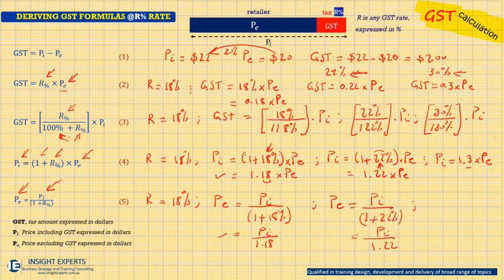In other words, it's not really reflected in it. So it stays exactly the same and doesn't change at all. Now, in terms of formula number 2, it states that the GST amount is equal to 15% of the retailer recommended price, or PE.